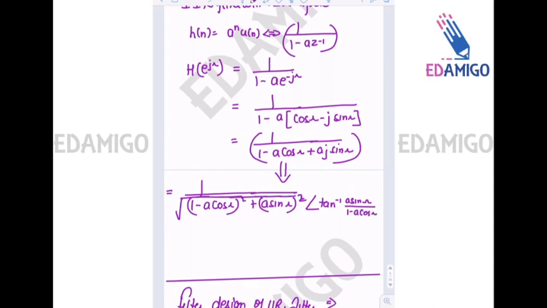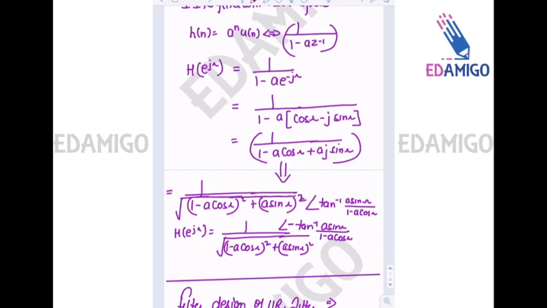If I take this in the denominator, H(e to power j sigma) can be written as 1 upon the square root of (1 minus a cos sigma) whole square plus (a sin sigma) whole square, times e to power minus j tan inverse of a sin sigma upon 1 minus a cos sigma.